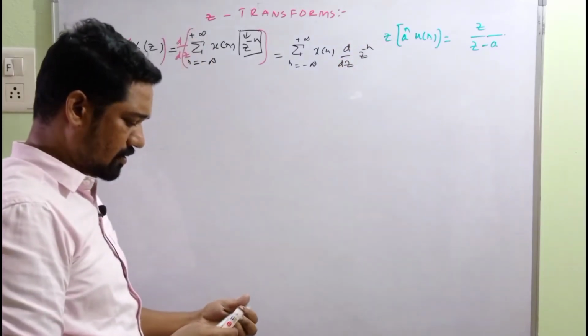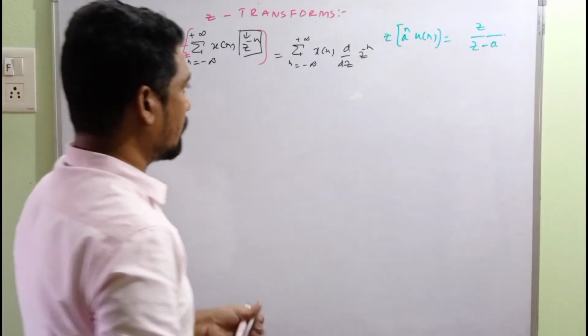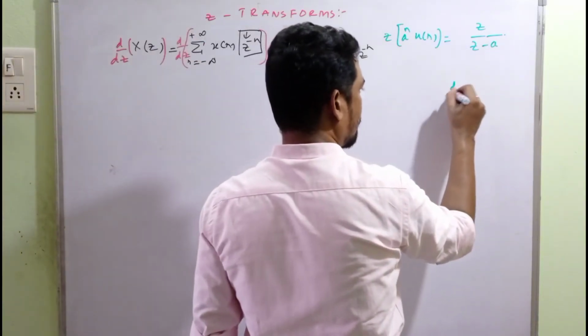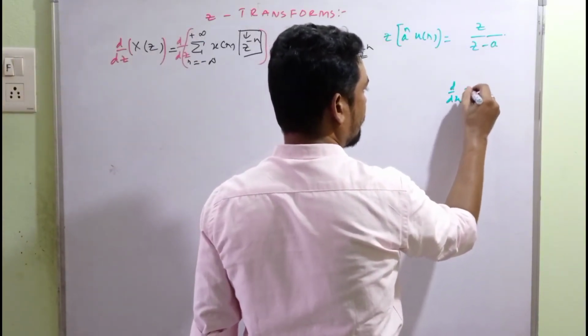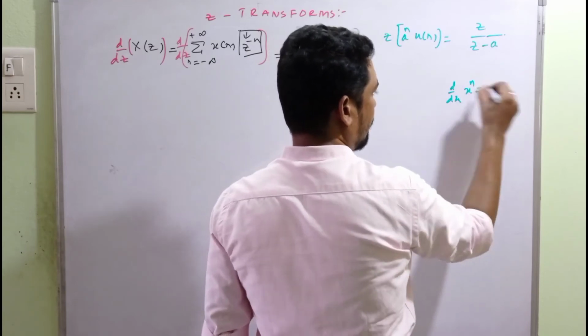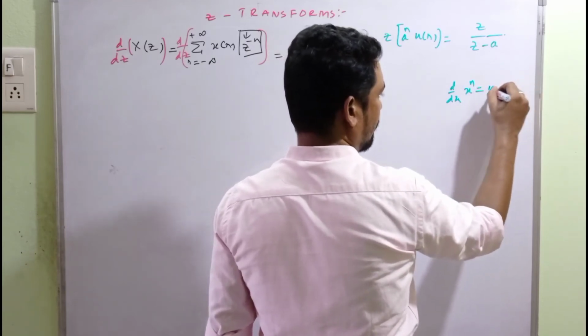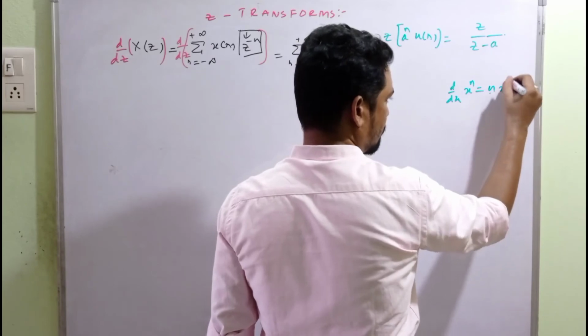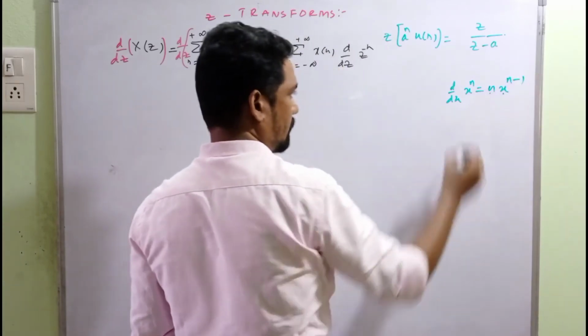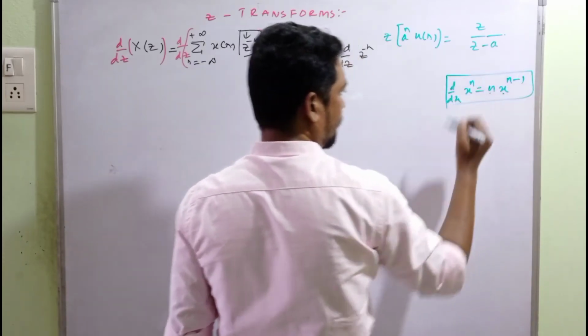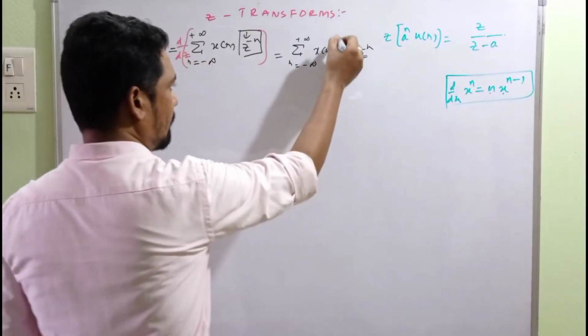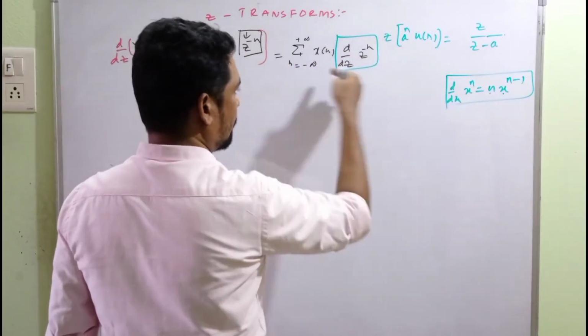Guys, for a beginner, it's a small recollection for you. d by dx of x raised to n, what will be that? n into x raised to n minus 1, isn't it? The derivative of x raised to n. The same thing is applicable over here.